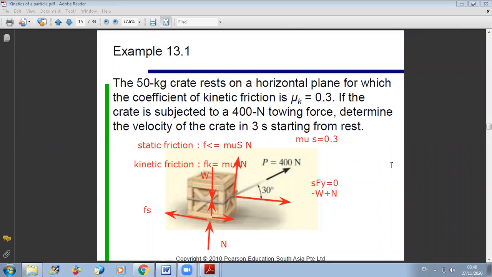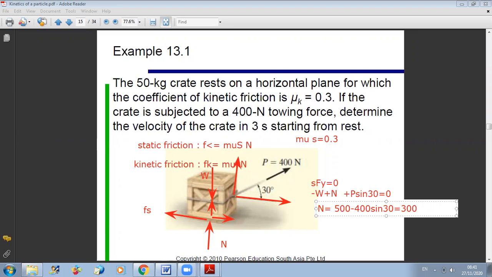So I should add plus P sine 30 equals 0. From this relation I can get N. So N is equal to W, which is 500, minus P sine 30, which is 400 sine 30. So it is 500 minus 200, equal to 300. So my normal reaction is equal to 300.